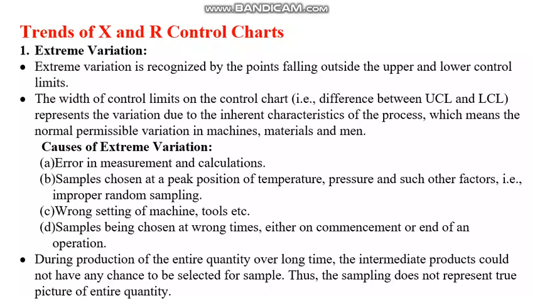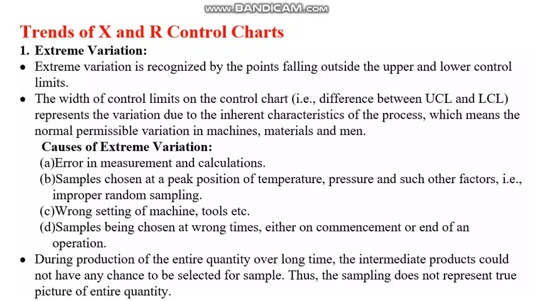You have to choose the samples randomly, but if you do improper random sampling, because of some high temperature that has come and at that time you are picking a sample, the point can go outside the control limits.